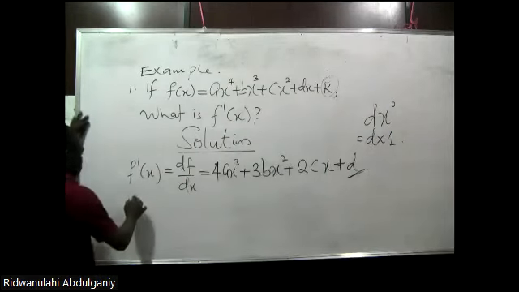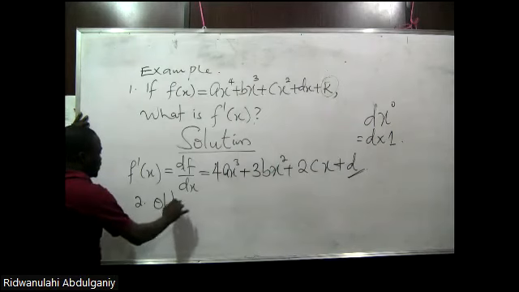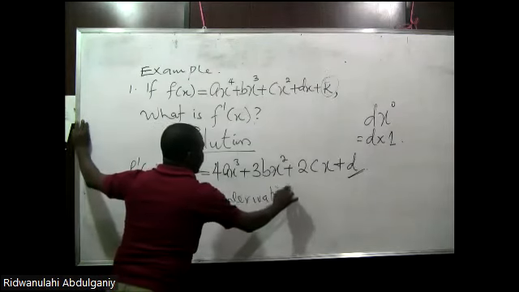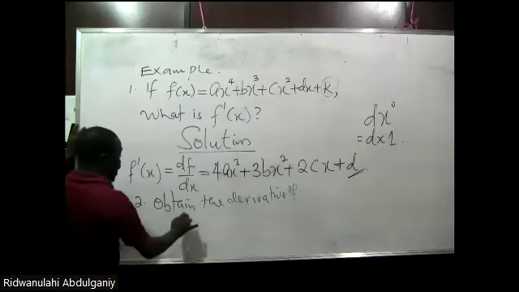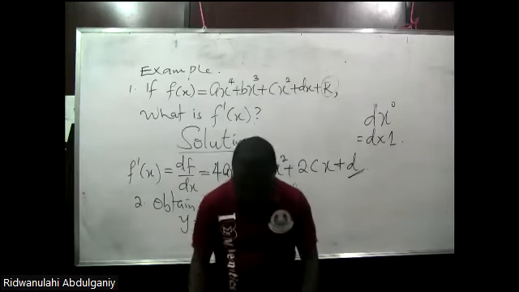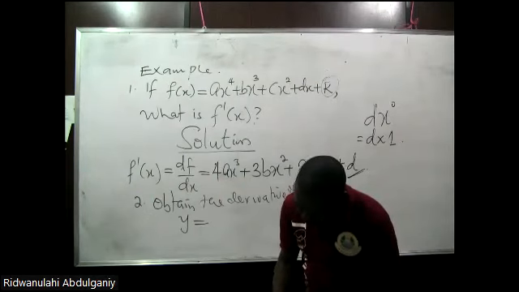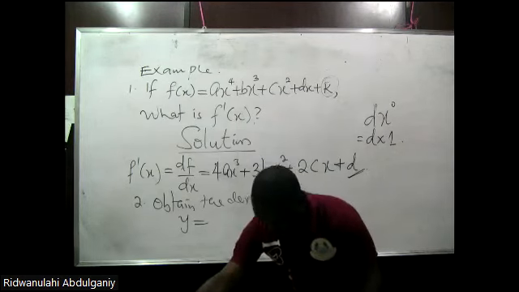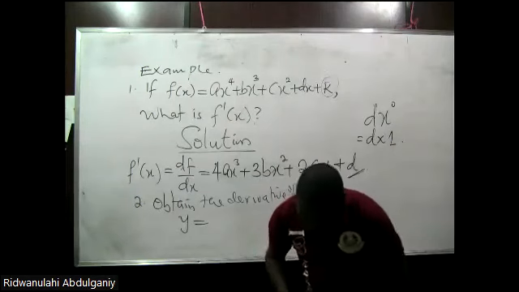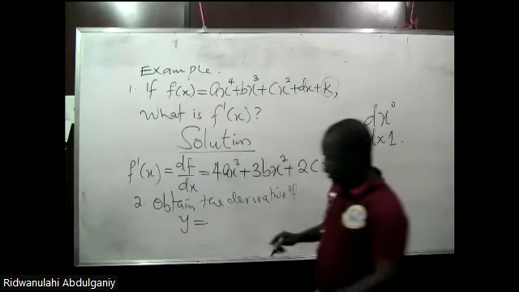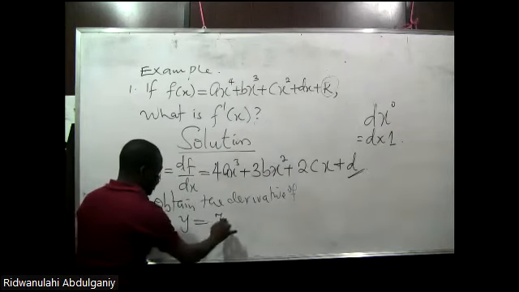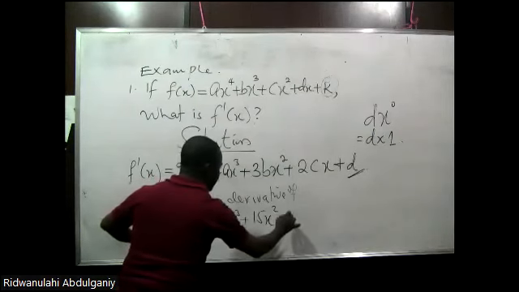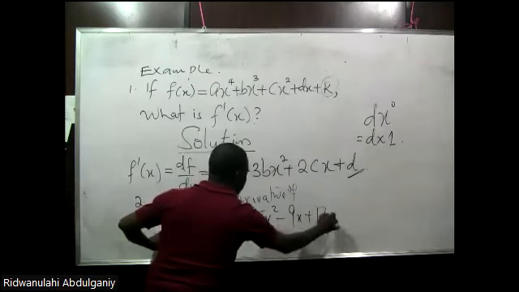Now, having done that, number 2: obtain the derivative of y equals 7x cubed plus 15x squared minus 9x plus 17.